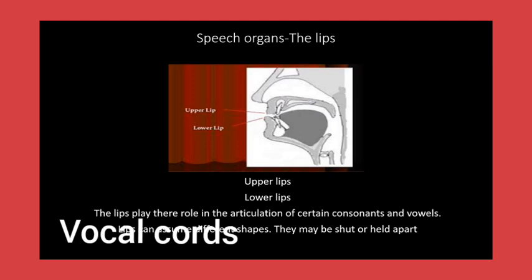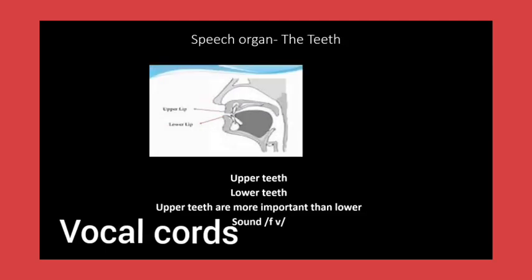Try to pronounce the sound U. Lips are rounded. That's why, as I told you, lips can assume different shapes. So, in the production of many English sounds, lips play a very important role. Let's switch over to the next slide.